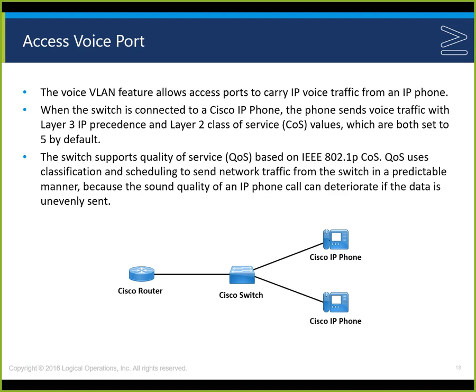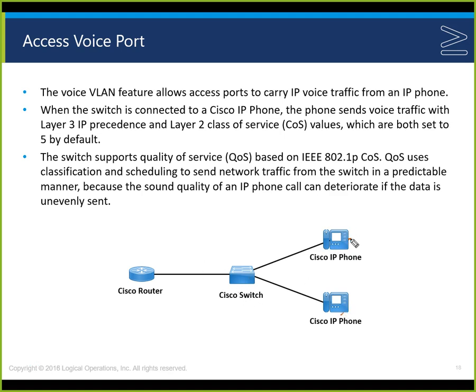Access voice port. The voice port kind of throws a wrench into this one, because if we have a voice VLAN, it will appear on an access port as well as the data. What this shows is the Cisco IP phone switch.